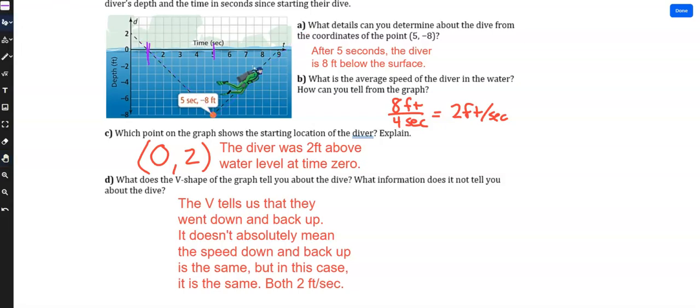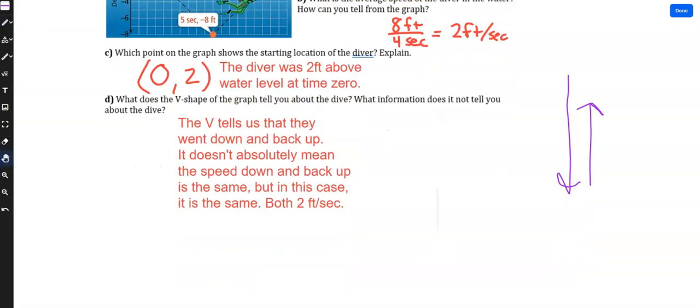But he literally could have gone straight down in the water and straight back up. It's because we stretched it out over time. People get in their mind, okay, well, that must be the path of the dive. And I'm like, no, that's not necessarily the case. It doesn't tell me the position.